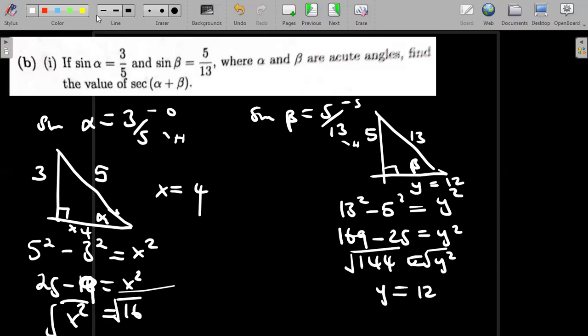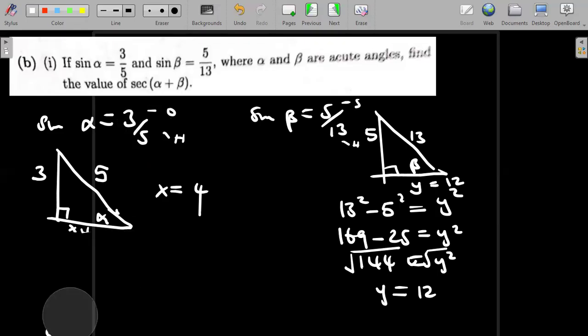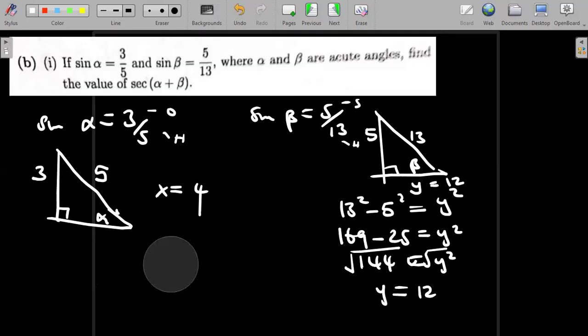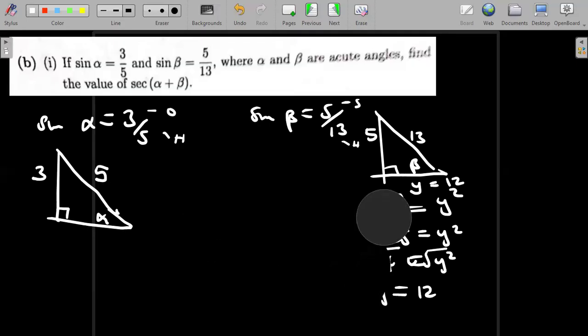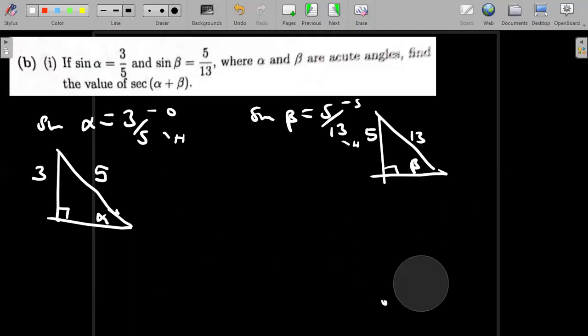Now, after finding these values, let me erase here. So I have that my adjacent is 4, and the other adjacent there is 12. We are adding two angles, alpha and beta.